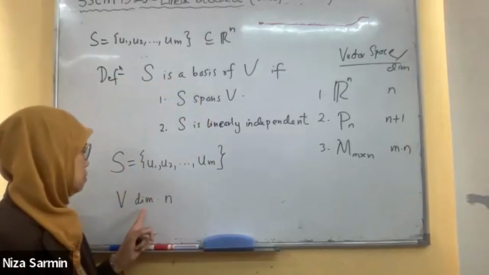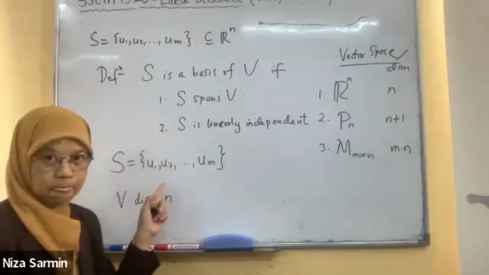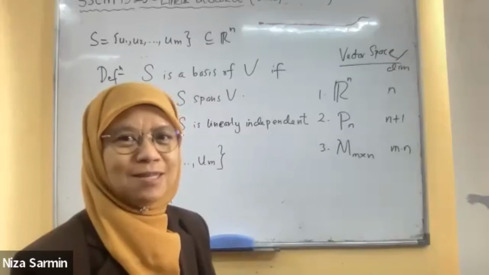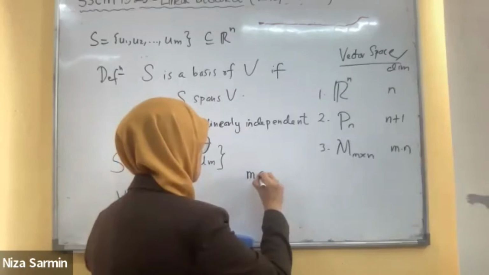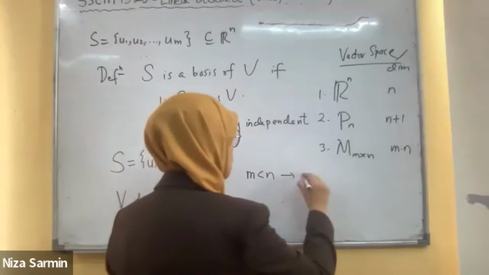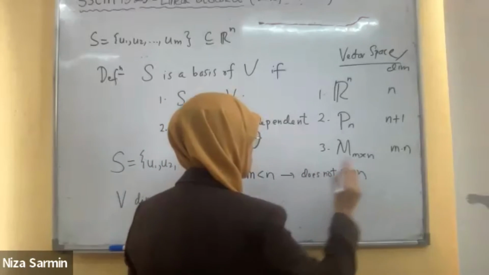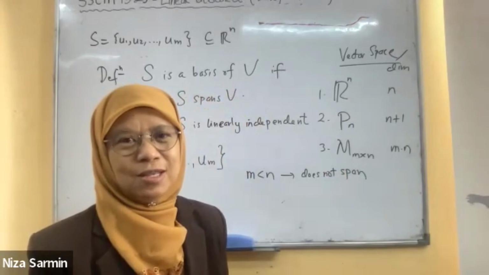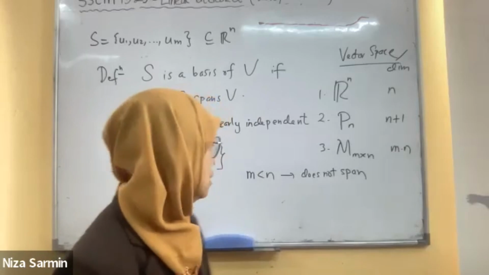So for this set, you have to have enough vectors to be a basis. If the number is less, it does not span. Not enough to span. I have shown you before, right? If 1 vector in R2, it is not enough to span.